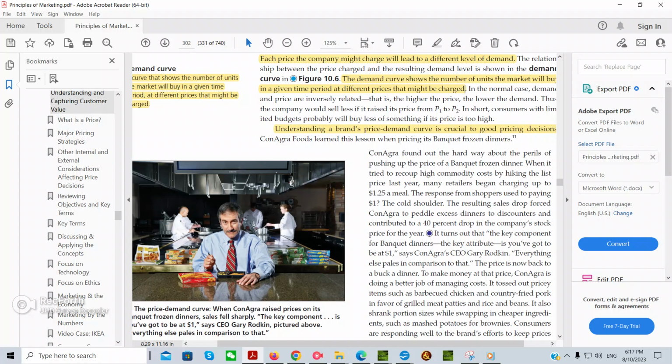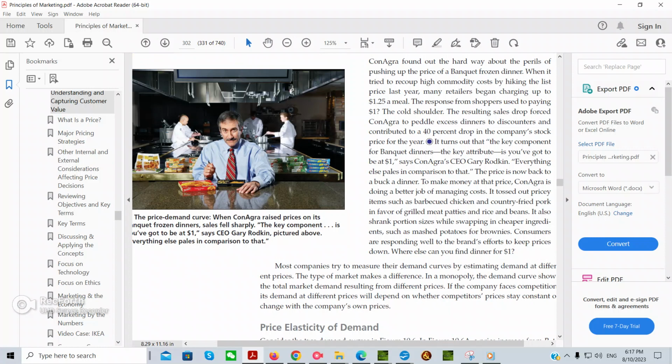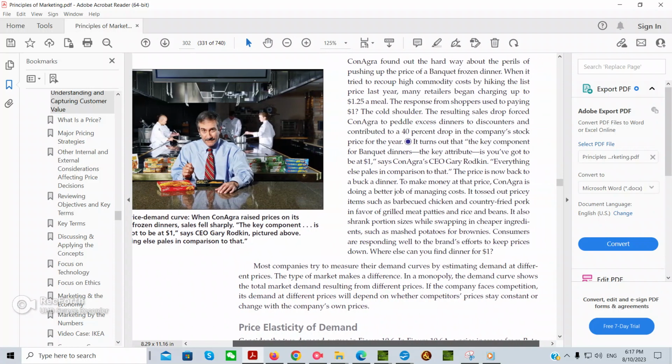In the end, what we're trying to find out is who is going to buy it. Now, most companies try to measure demand curves for estimating demand at different prices. The types of marketing make a difference. Okay, so that's the idea.